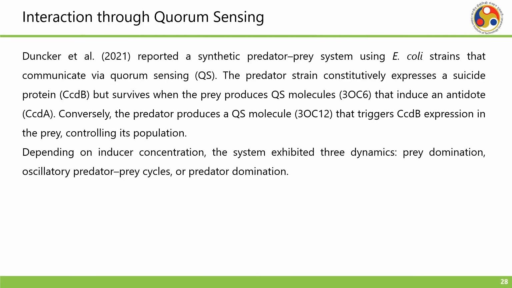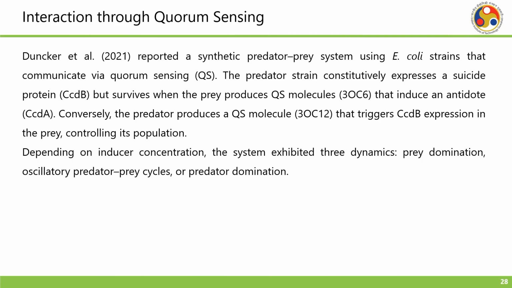What are the interactions through quorum sensing and how does it take place? Dunker in 2021 reported a synthetic predator-prey system using E. coli strains that communicate via quorum sensing. The predator strain constitutively expresses a suicide protein CcdB, but survives when the prey produces QS molecule 3OC6 that induces an antidote CcdA.